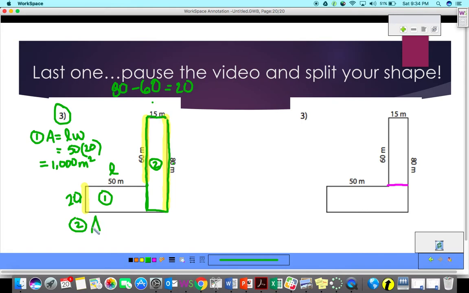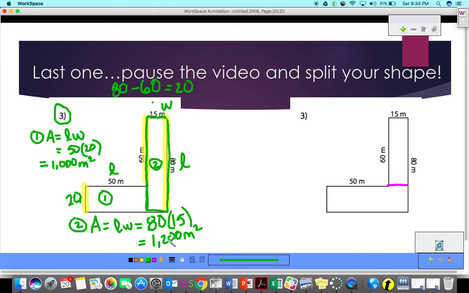So if I know it's a rectangle, length times width, I can go ahead and substitute my length and my width. 80 times 15. And when I multiply 80 times 15, I'm going to get 1,200 meters square.